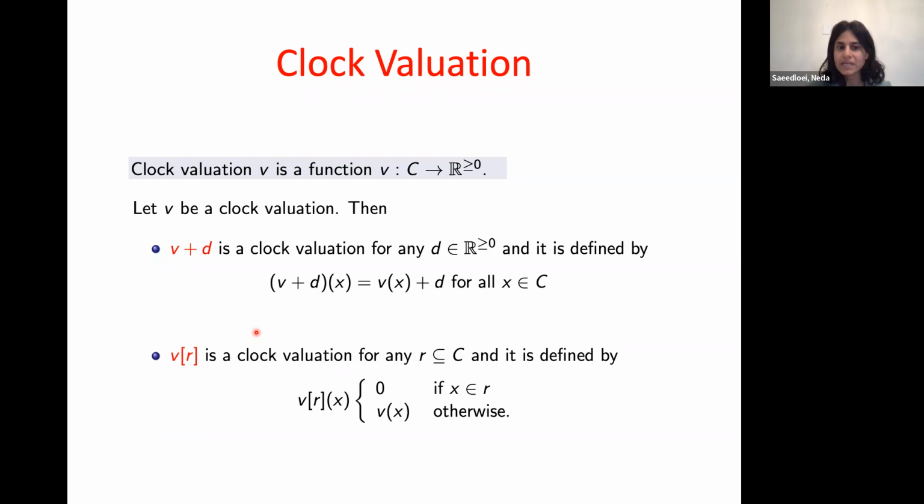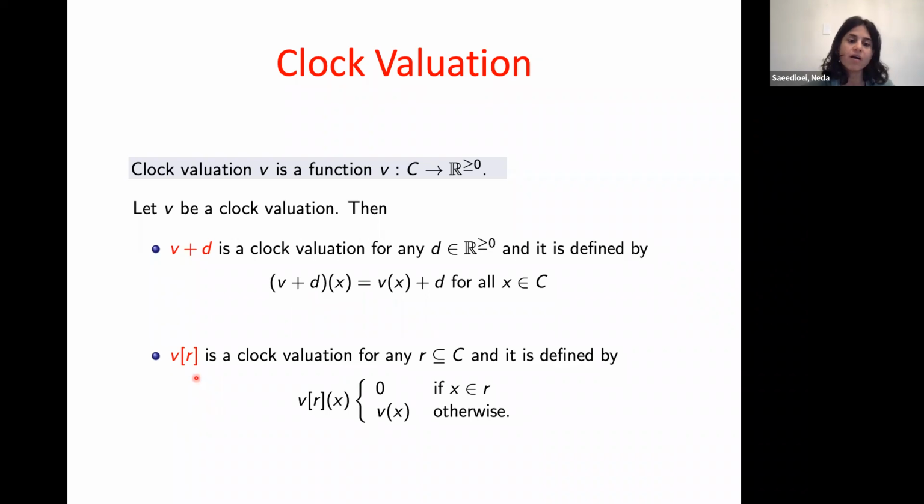So if V is a clock valuation, then we can define V plus D, where D is some real value. We want to know if D units of time has elapsed, how the valuation is updated. So V plus D of X is the previous V of X, which is the previous value of clock X, plus whatever time has elapsed since that.